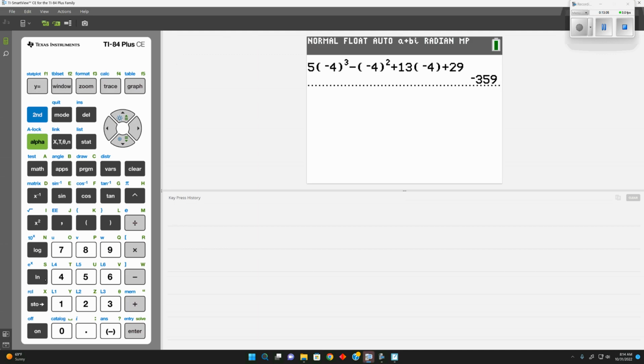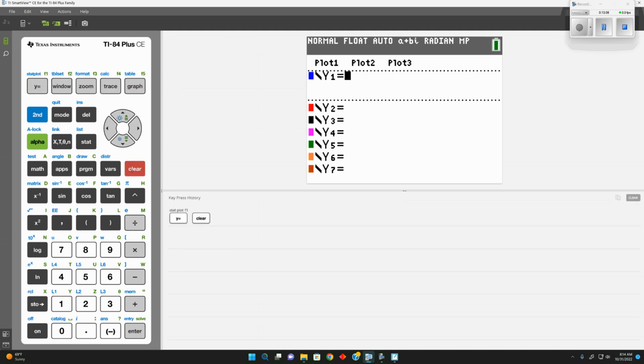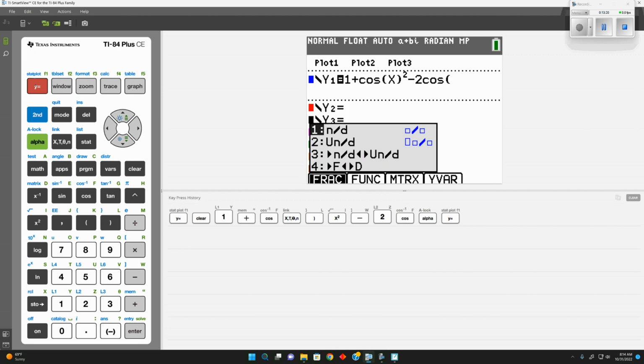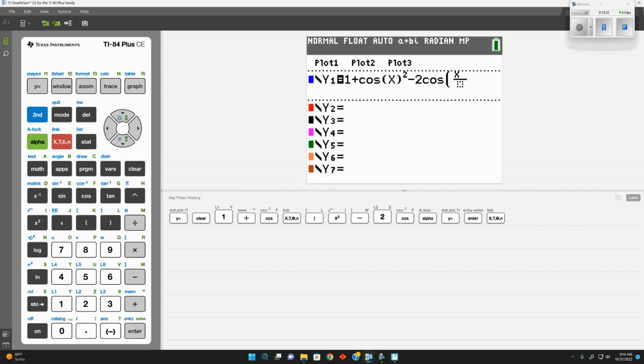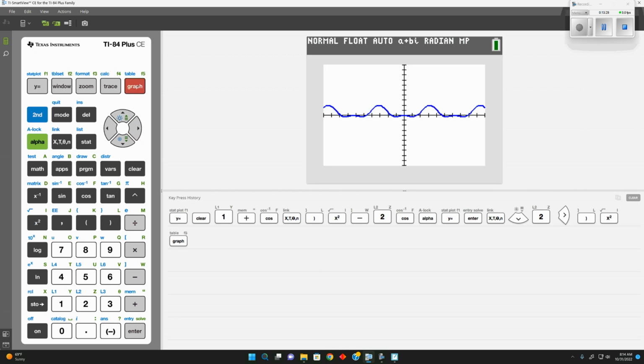If we wanted to look at this on the graphing calculator, we can. Because we can say 1 plus cosine of x squared minus 2 cosine of x over 2 squared, and hit graph.